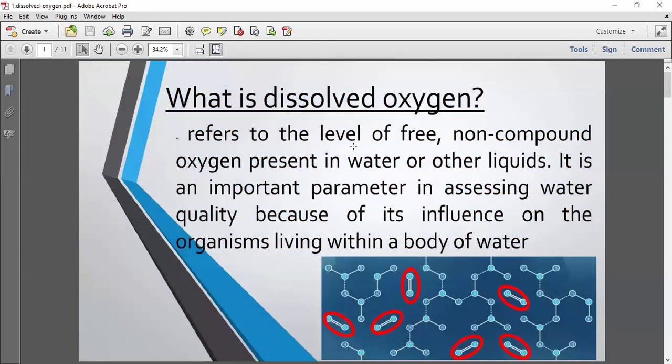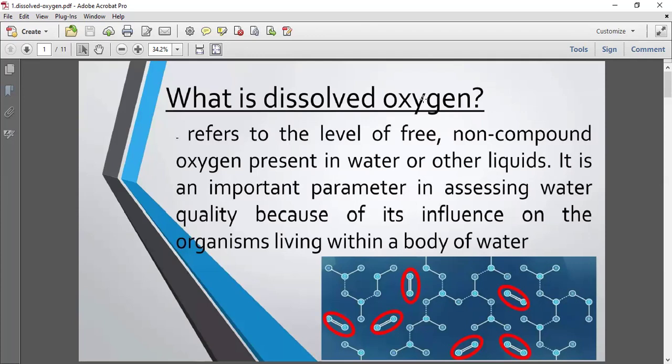Okay, you write this note: what is dissolved oxygen? You can simply write it in two sentences. It refers to the level of free, non-compound oxygen present in water or other liquid. I think next month I will give the assignment, and you can submit it.